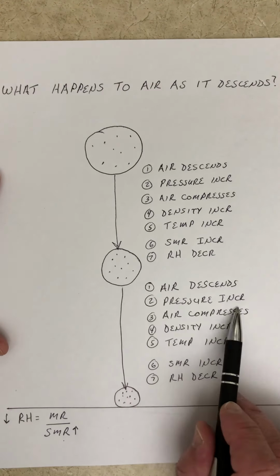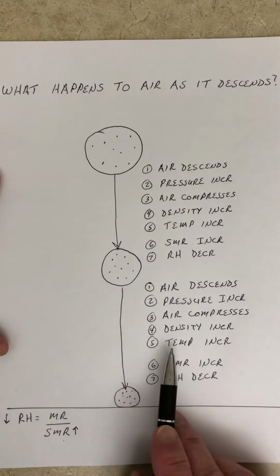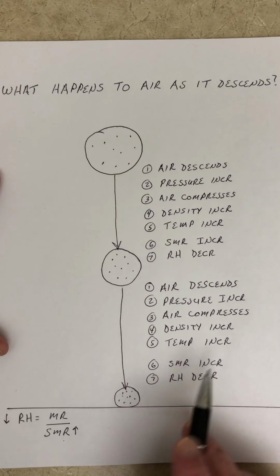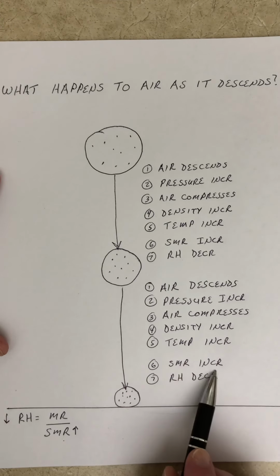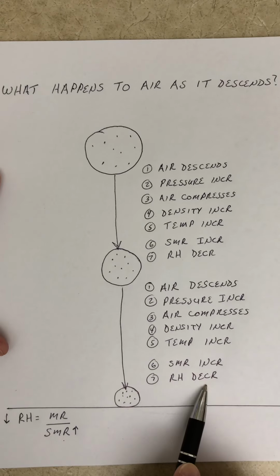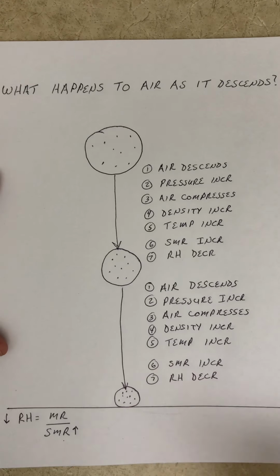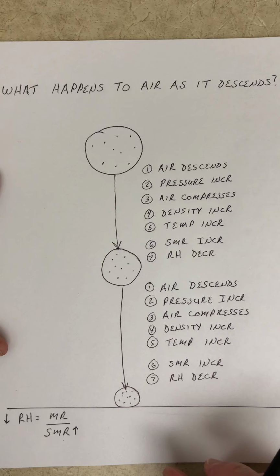The air descends, the pressure increases, the air compresses, the density increases, the temperature increases, saturation mixing ratio increases, relative humidity decreases. So you typically get less moisture on the leeward side of mountains than on the windward side of the mountains.